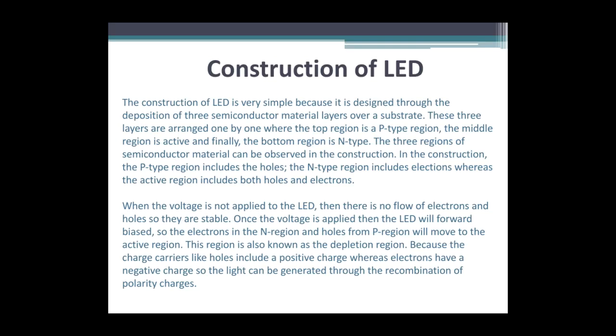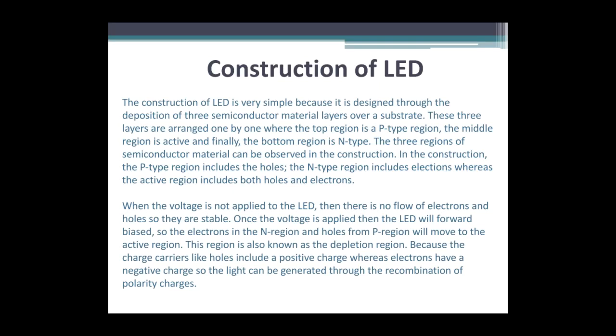The three regions of semiconductors can be observed in the construction. The p-type region includes the holes and the n-type region includes the electrons, whereas the active region includes both holes and electrons.